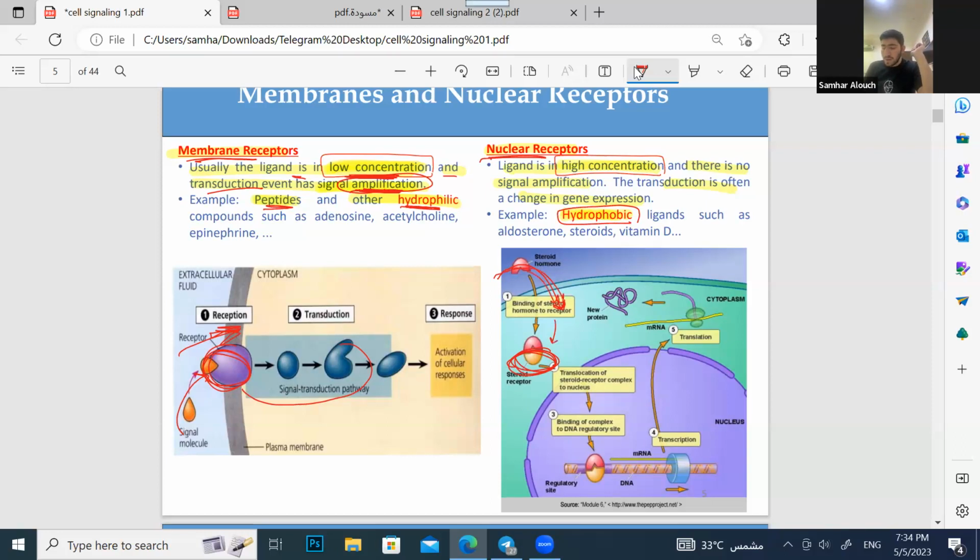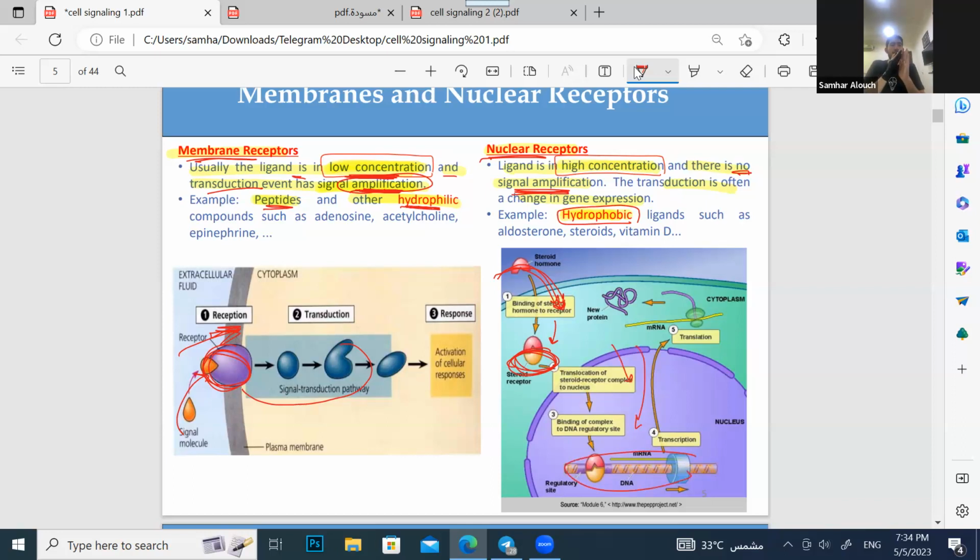And so they bind to the nuclear receptor or intracellular receptor, and they cause the response. And this response has no signal amplification because it just opens the channels and causes ions to enter the nucleus, or it just goes to the nucleus and binds to the DNA.